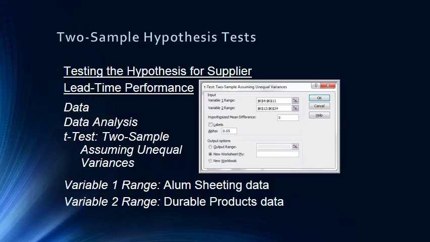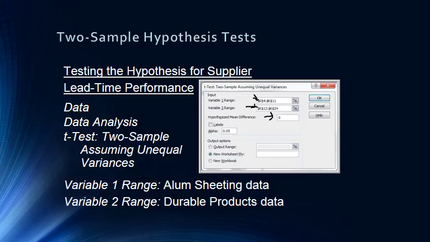And how we do that is using the Data Analysis Toolpak. We go to the Data tab, Data Analysis, and then we select the t-test. We select the range for variable 1 and the range for variable 2, and we select assuming unequal variances.